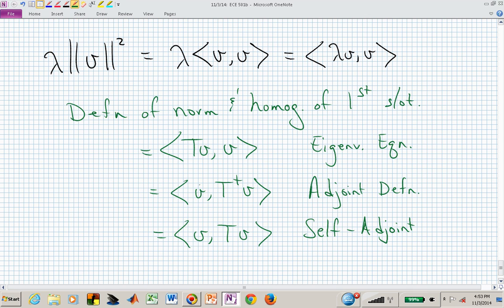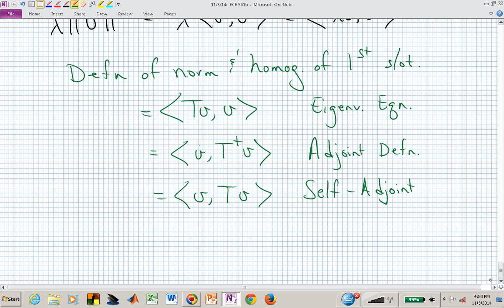That was a given. But we know Tv is lambda v, don't we? That again is our eigenvalue-eigenvector equation.